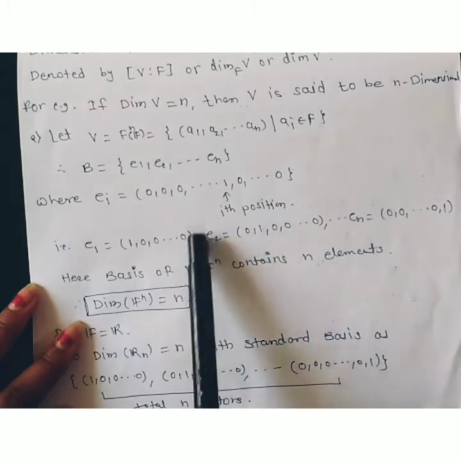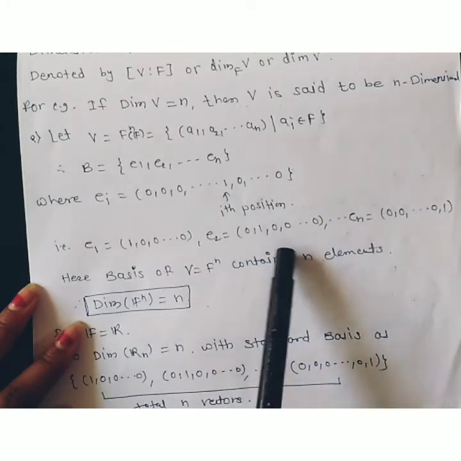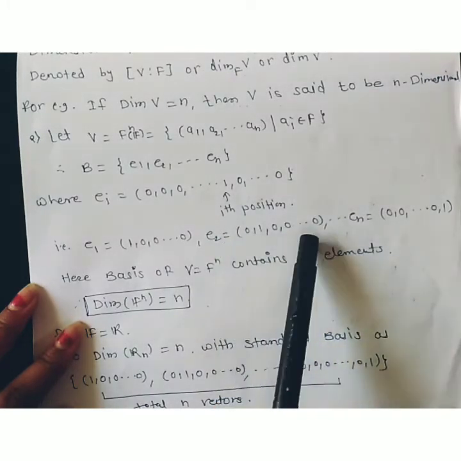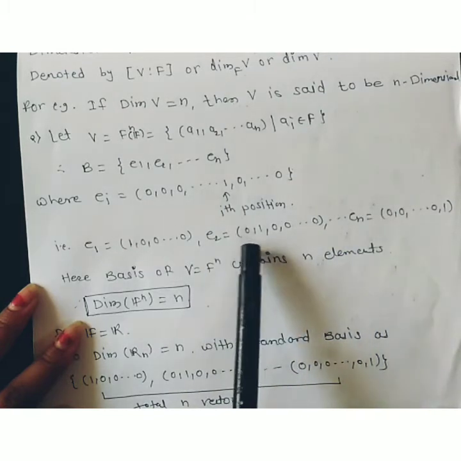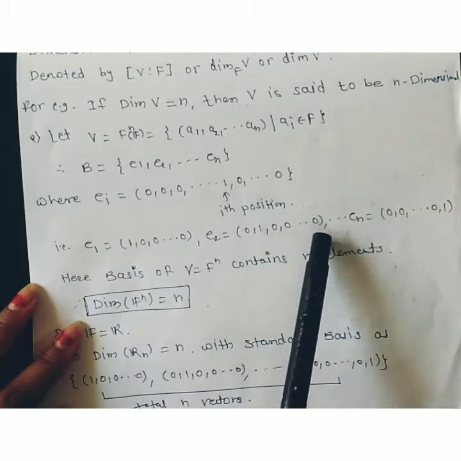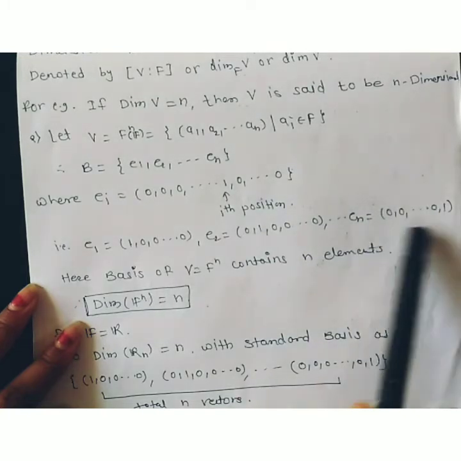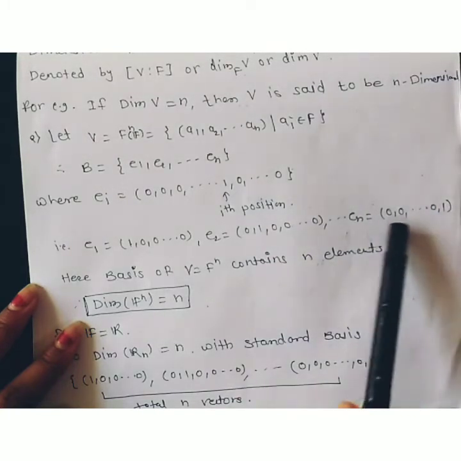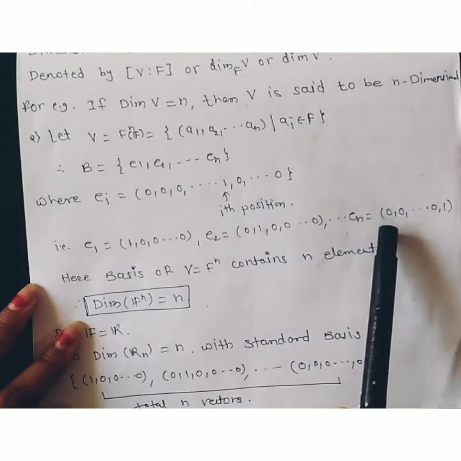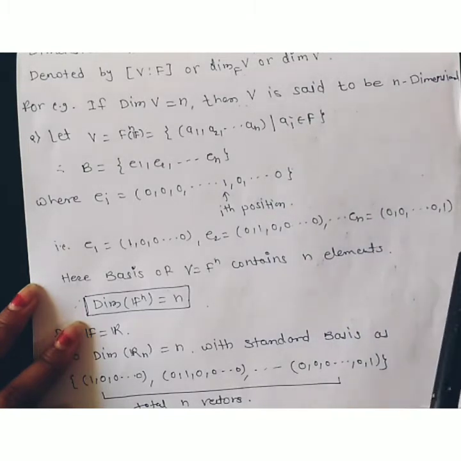Then e2: here the suffix is 2, therefore at the second position the element must be 1 and the others are 0. So e2 is equal to (0, 1, 0, 0, 0), and so on, up to en, which is an n-tuple with 1 at the nth position and the others 0. Therefore it is (0, 0, 0, up to 1).